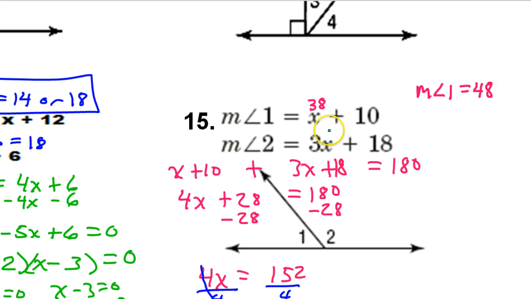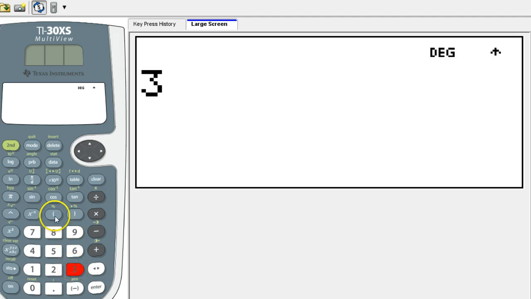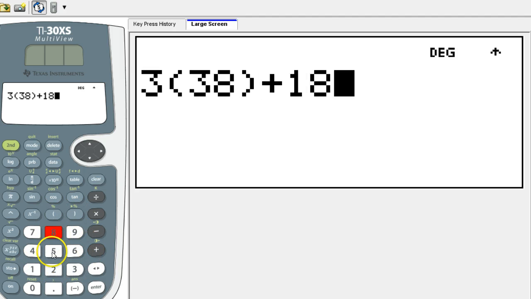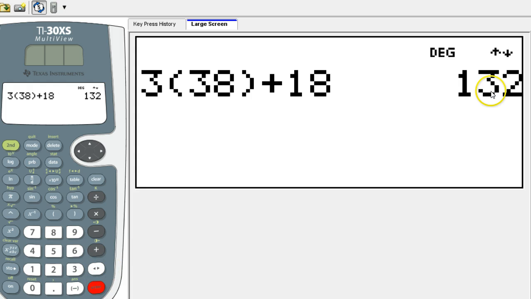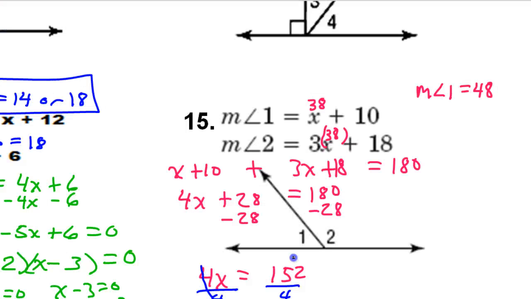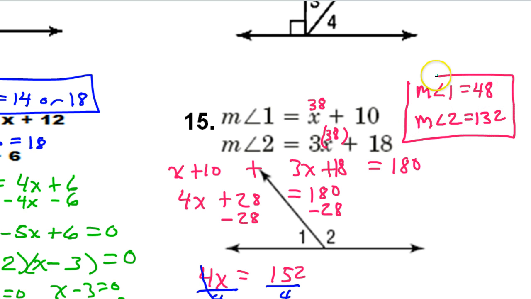Now if I plug in my 38 right here, that's 3 times 38 plus 18. That's 132. Alright, so those are the answers to number 15.